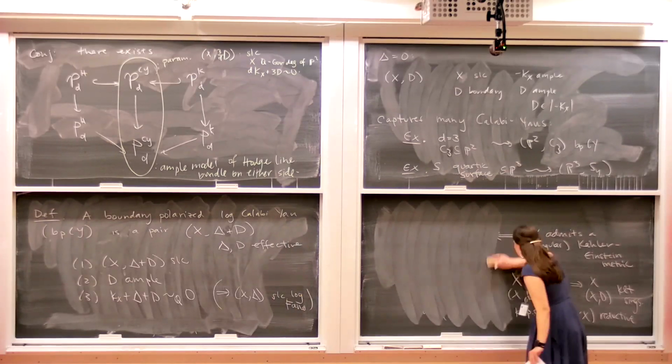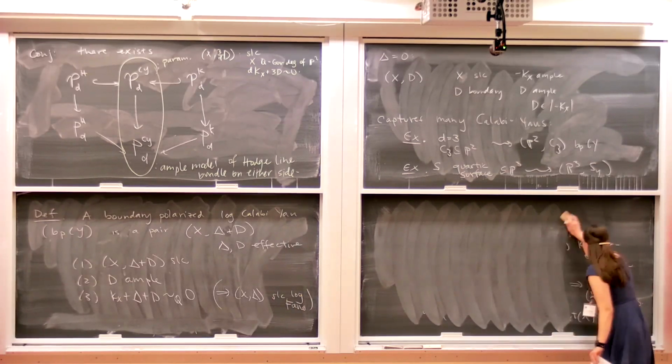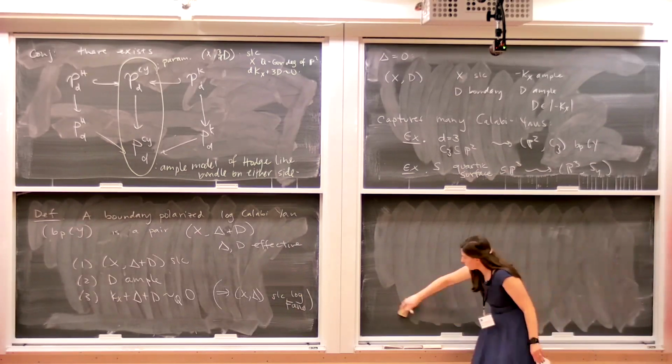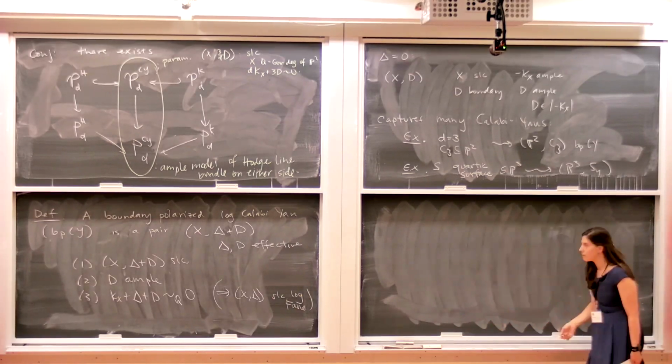But lest you think this is too specific, take your favorite K-trivial Calabi-Yau variety; you can embed it as an ample boundary in the cone over that variety.